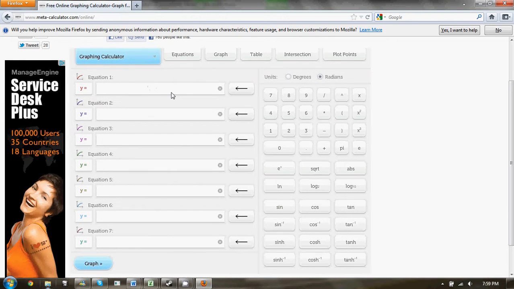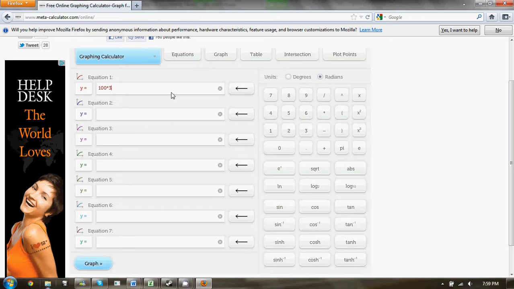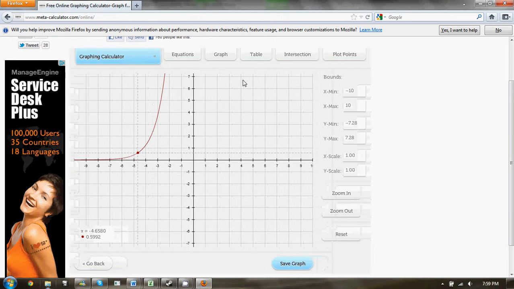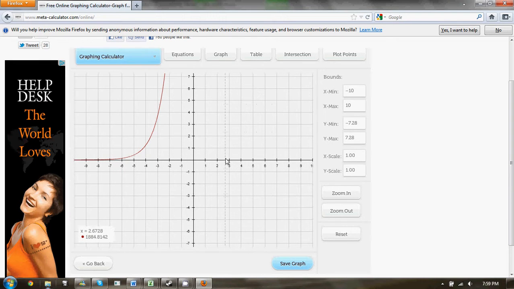Okay, so the equation was 100 multiplied by 3 to the power of n. So that's x. And that's the graph that I have right there.